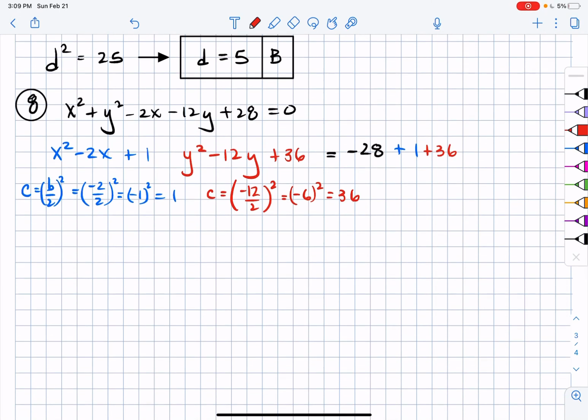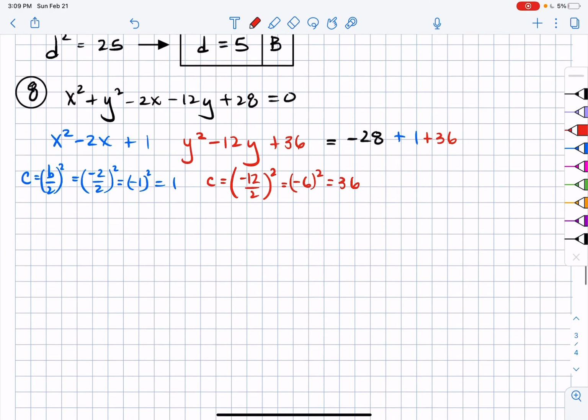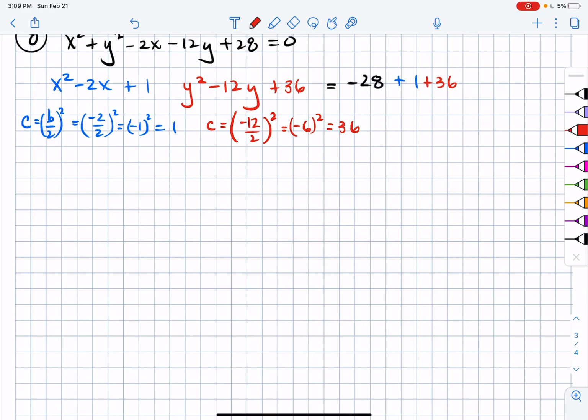Okay? So with that being said, the blue is going to factor out to be x minus 1 squared plus y minus 6 squared, and that's going to equal the negative 28 plus 1, which is negative 27, plus 36, which is going to give you a 9.